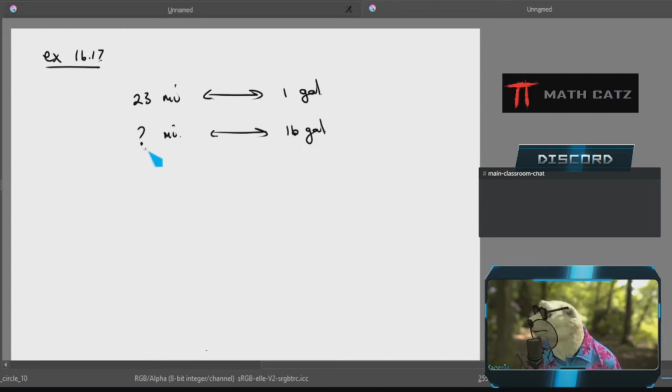So when it comes to ratio equations, I just need to find these pairs. One of them is what I'll call my reference pair. They need to give me some information of how these 2 units are related, 23:1. And then the pair that has one of them missing, and that's the one I want to find.